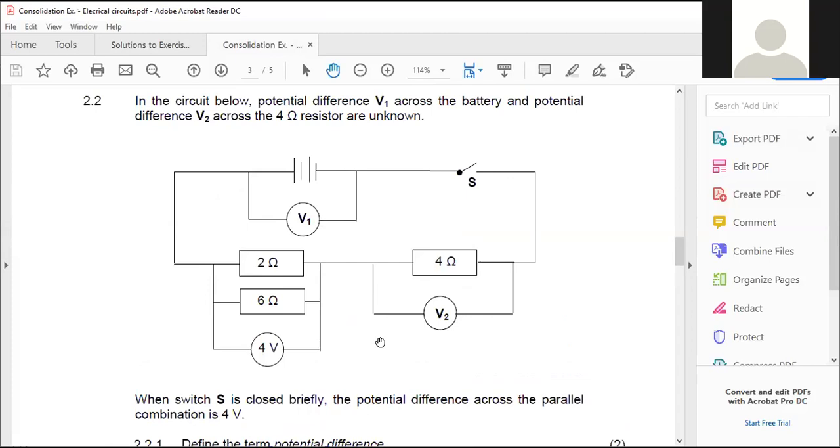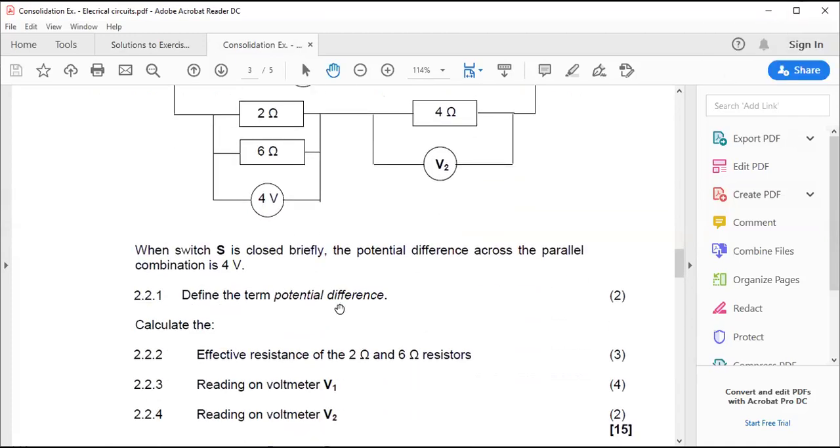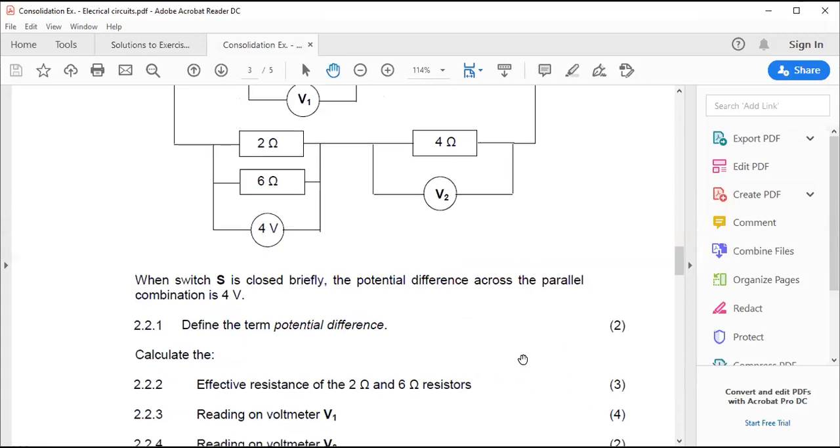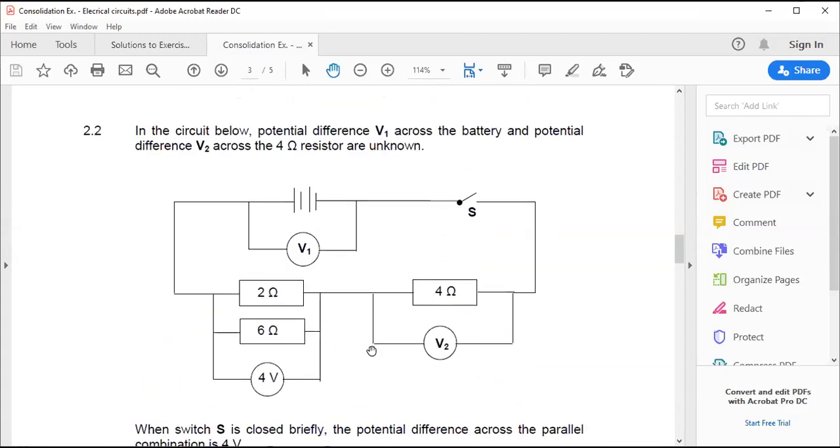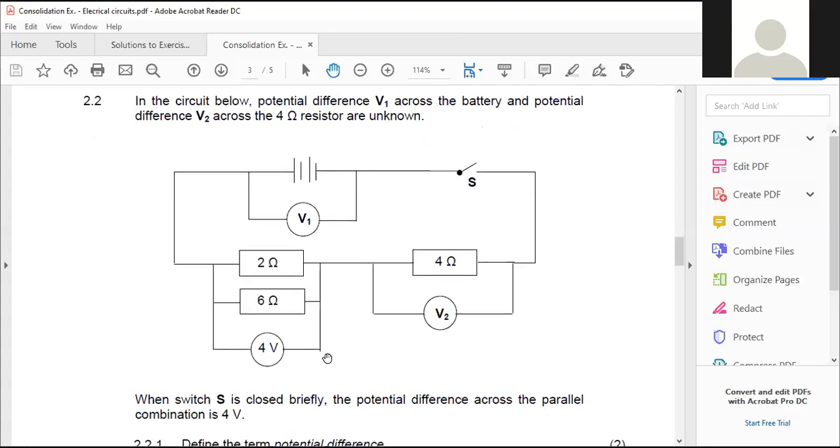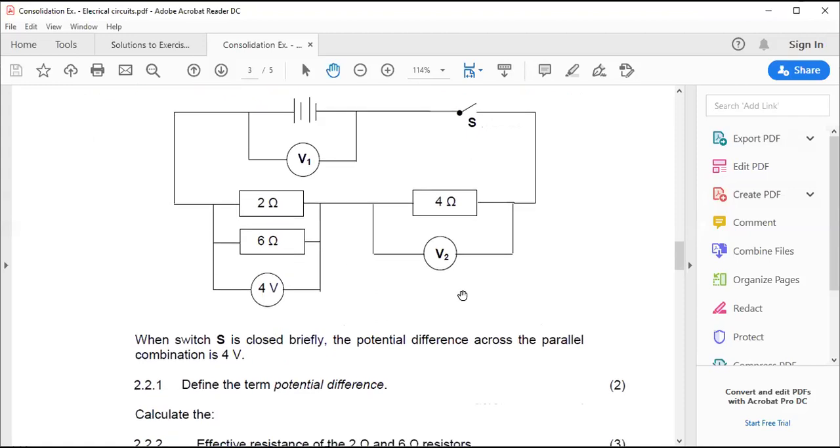I think because voltage in parallel is equal. How many marks was this? It was 4 marks. How did you do it? Did you leave it like that?